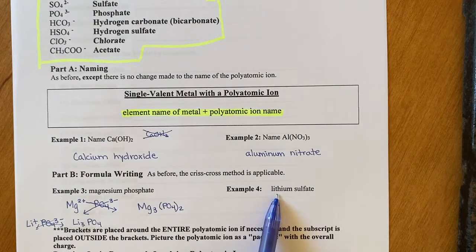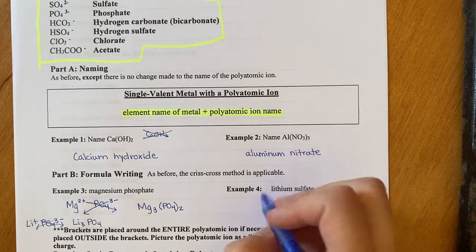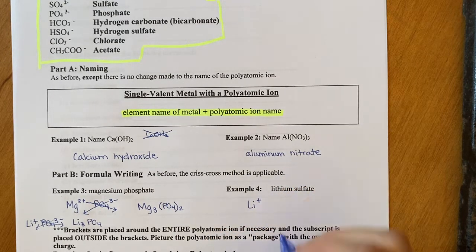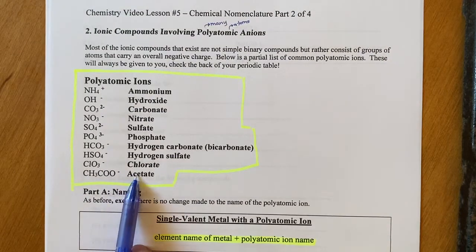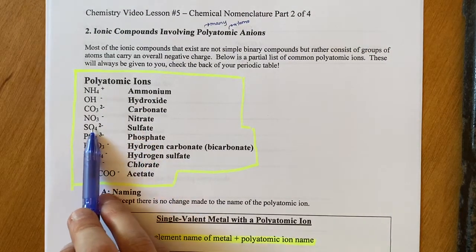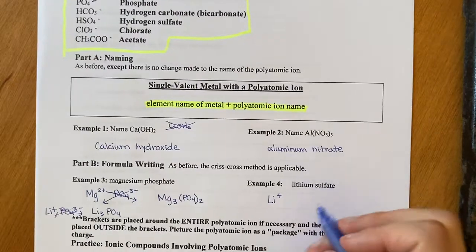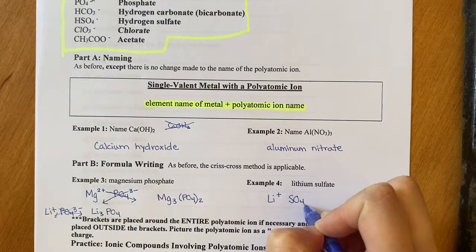We'll see that in this example, lithium sulfate. Lithium is a charge of 1+, like we just said. Sulfate, look for it in the list. There it is. Follow it over. It's SO4 2-. So SO4 2-.